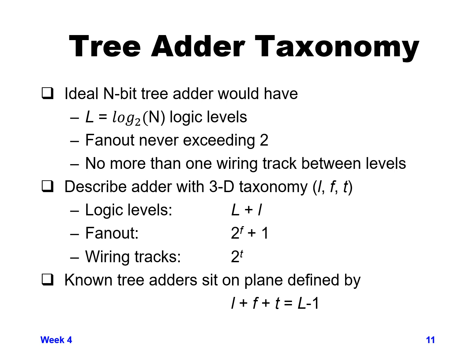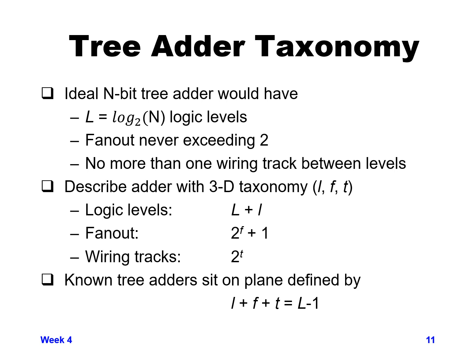The total number of logic levels will be the capital L, which is the lowest number of logic levels we can get, plus lowercase l. The total or worst case fan out is 2 to the f plus 1, and the worst case wiring tracks is 2 to the power of t.